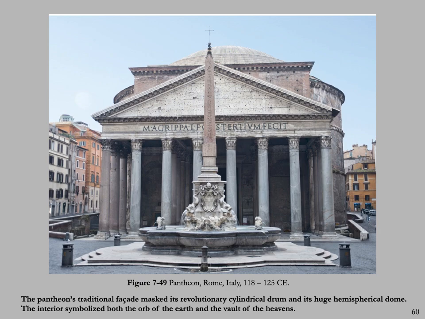The respect and keeping the name of the previous, since Marcus Agrippa's temple burnt down, this is kind of putting his name onto the Pantheon, even though this is something made by a different ruler there.